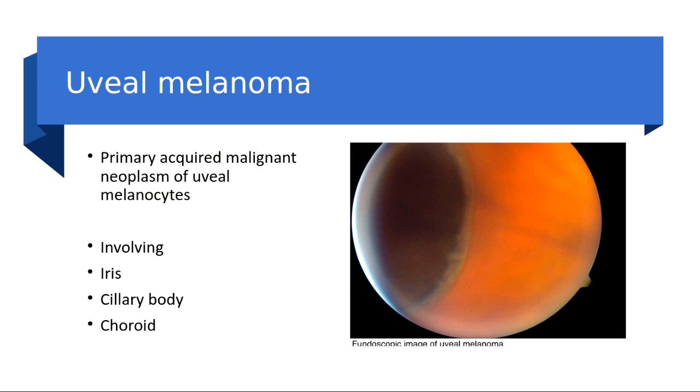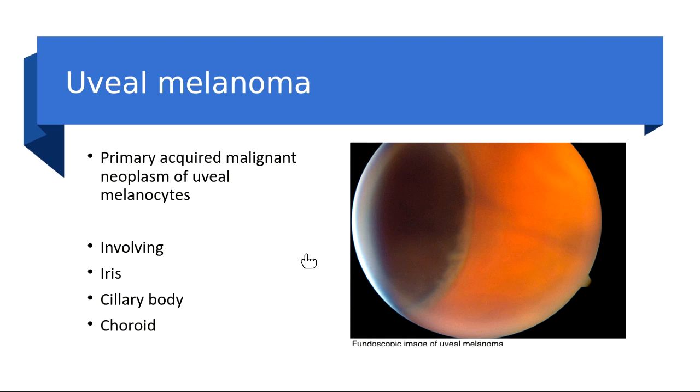So, a uveal melanoma. Okay, so now we're going inside the eye. It's a primary acquired malignant neoplasm of uveal melanocytes. So where is the uvea? The uvea literally is the iris running all the way around to the back of the eye.